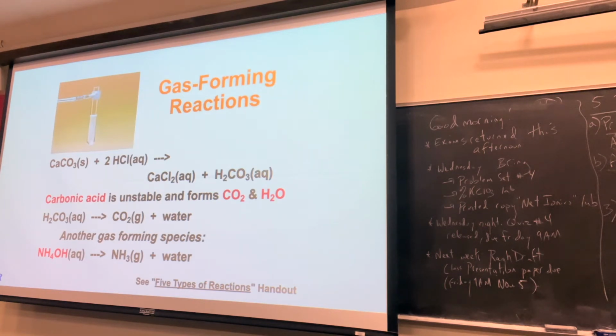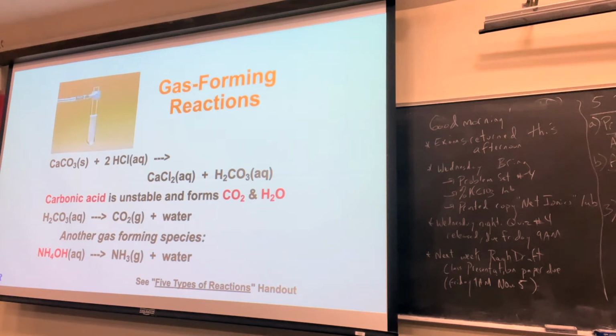You'll take an acid and add it to it, and you end up with some kind of ionic compound, but here's what you want to look for. Carbonic acid is H2CO3, and H2CO3 is an unstable acid. The unstable acid, carbonic acid, actually breaks down into CO2 and water.